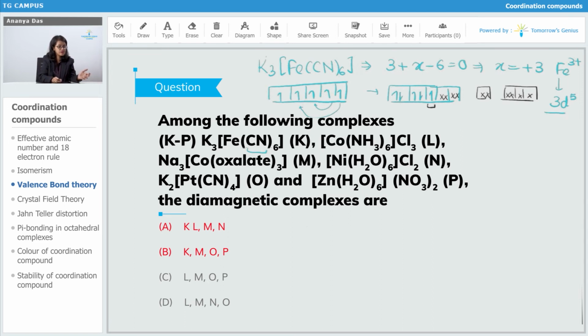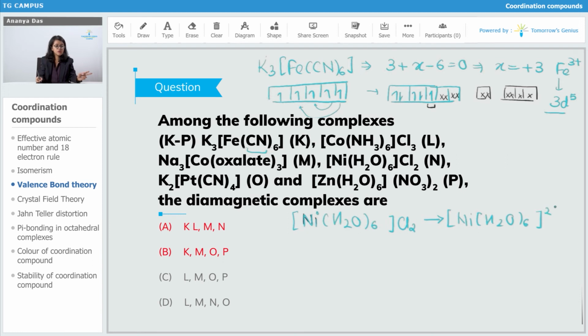N is this, [Ni(H2O)6]Cl2. So two Cl ligands are present outside. That gives the coordination complex a charge of 2 positive.